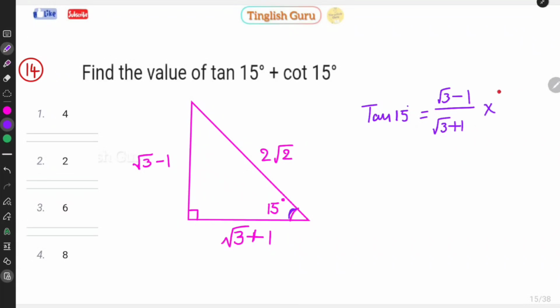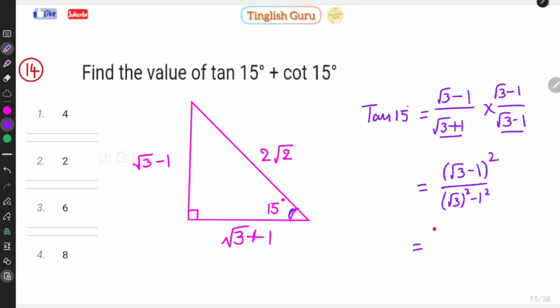So rationalizing with root 3 minus 1 on both sides, we will get numerator as root 3 minus 1 whole square divided by a plus b into a minus b means a square minus b square, that is root 3 square minus 1 square.